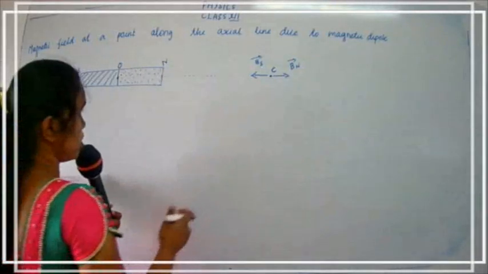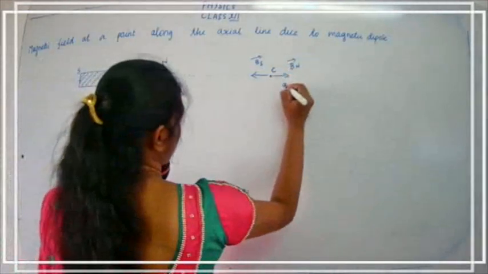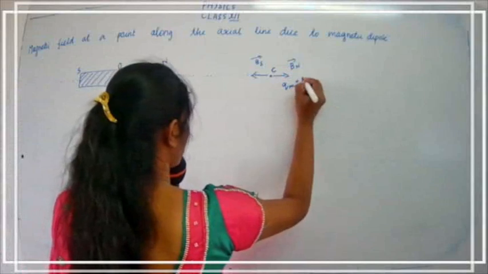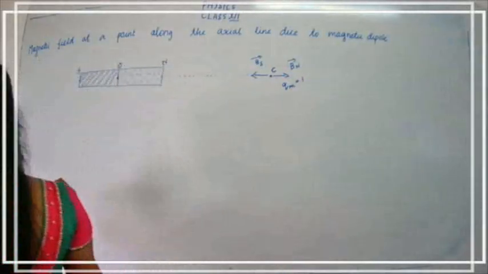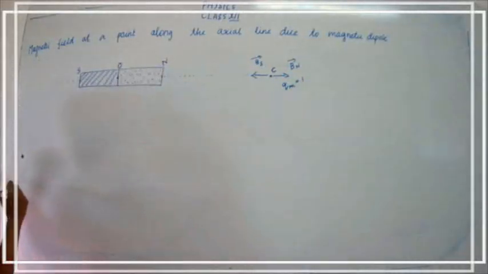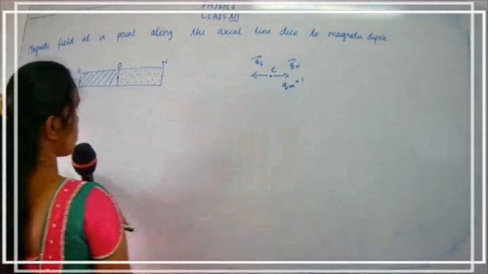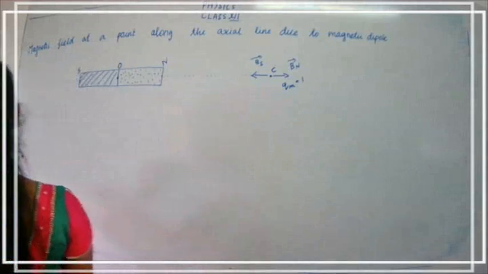It is represented by QM. What is QM? QM is the pole strength, 1 ampere.